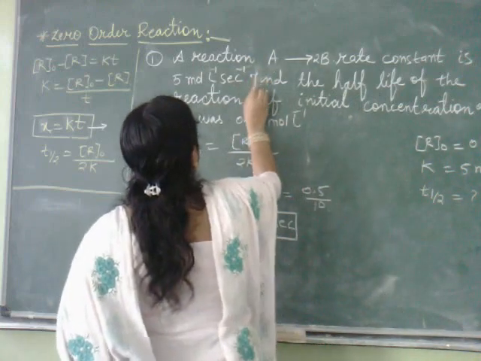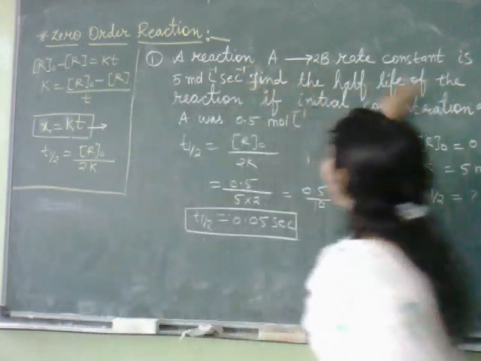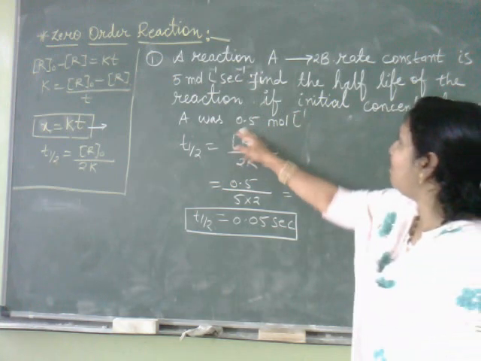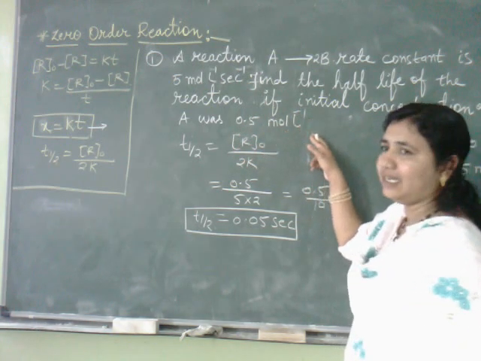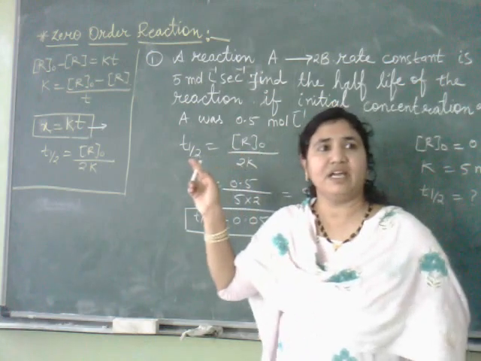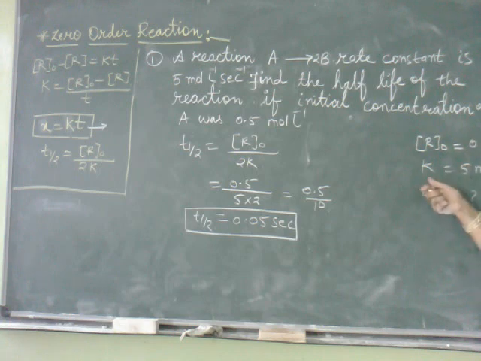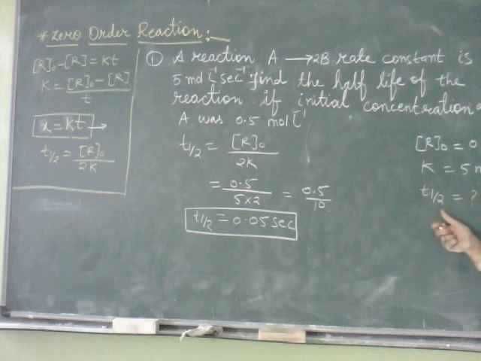Find the half-life of the reaction if the initial concentration of A was 0.5 mole per liter. So in the question, what have they given? Initial concentration, 0.5 mole per liter. Rate constant is 5 mole per liter per second. t half we have to find out.